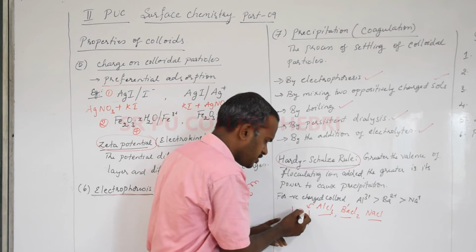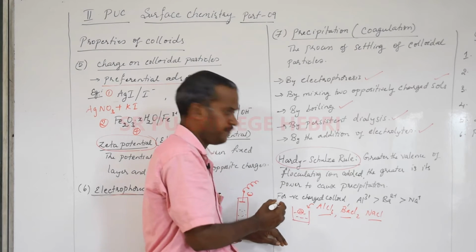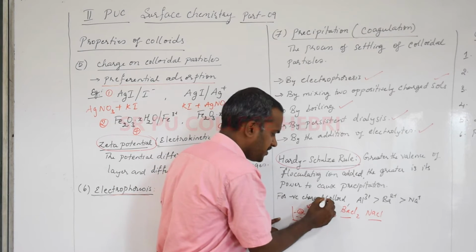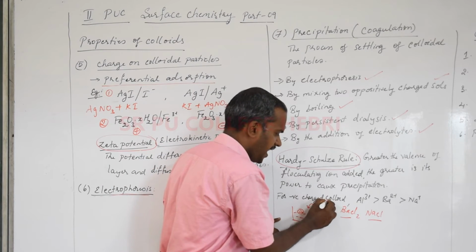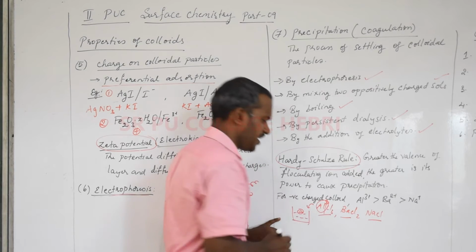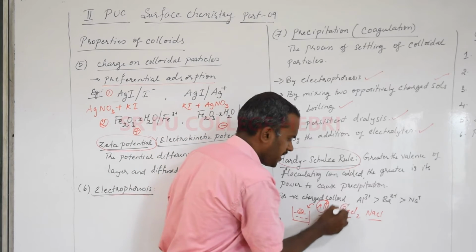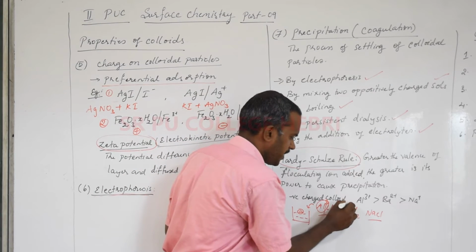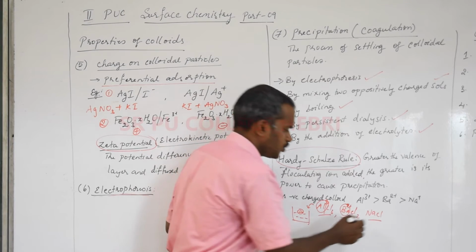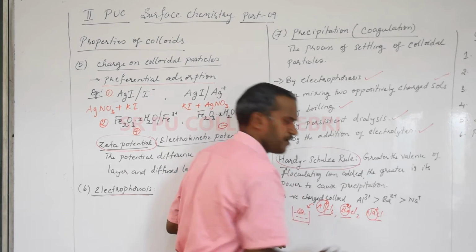When the charge on the colloidal particle is negative, aluminum ion Al3+ will be the active or flocculating ion. Here barium ion Ba2+ is the active ion. Sodium ion Na+ is the active ion.